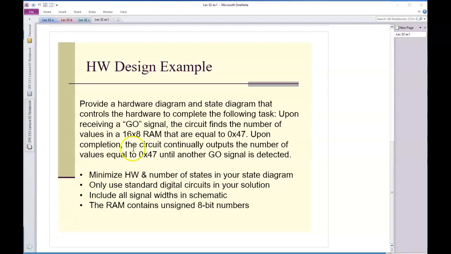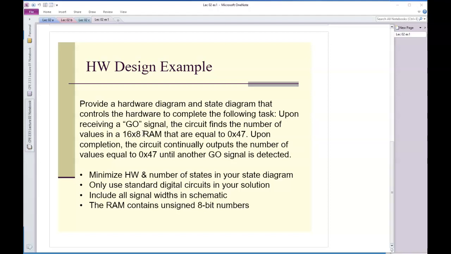So essentially what I want is to design a circuit that looks at the data in a 16x8 RAM. It counts how many values are equal to 47 and displays that count. The first thing, similar to the last problem, is that we have a RAM.